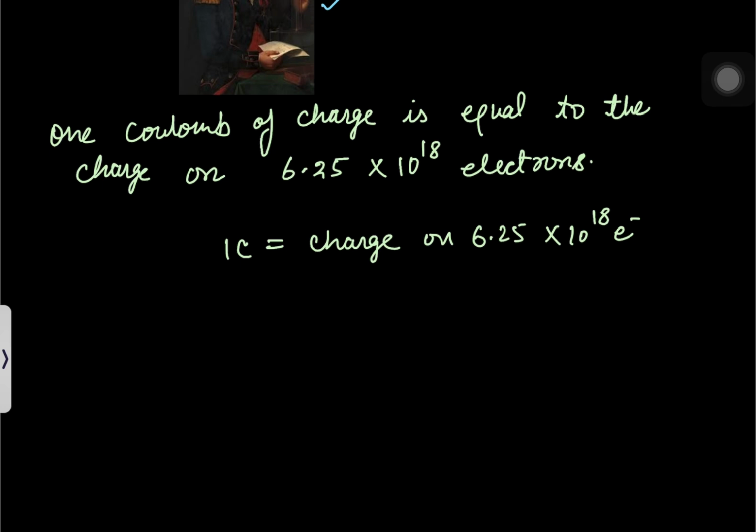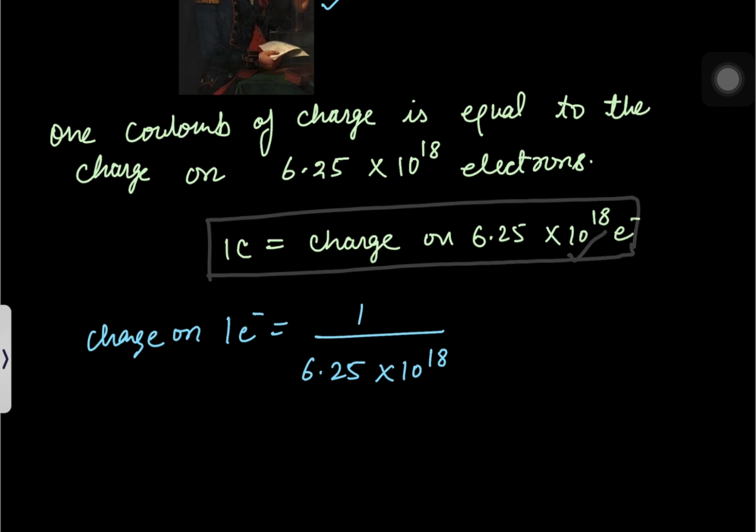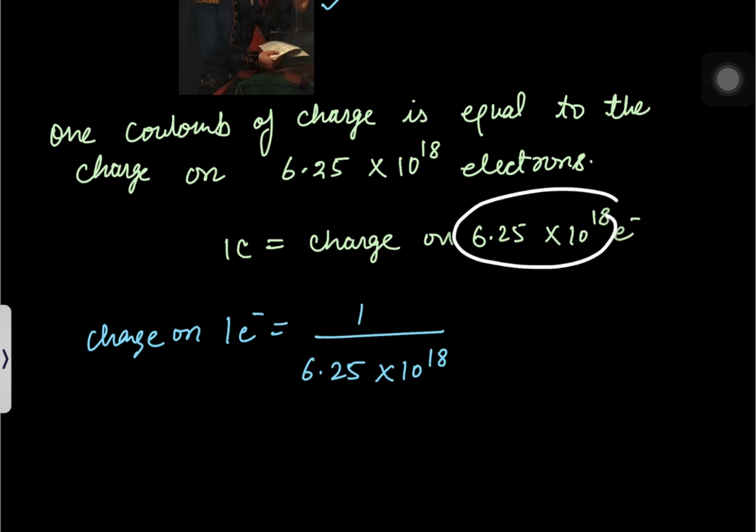If I use the unitary method to find the charge on 1 electron, I need to divide 1 by 6.25 into 10 to the power 18 electrons. Simple. When 1 coulomb of charge has 6.25 into 10 to the power 18 electrons, to find the charge on 1 electron, it will be 1 divided by 6.25 into 10 to the power 18.